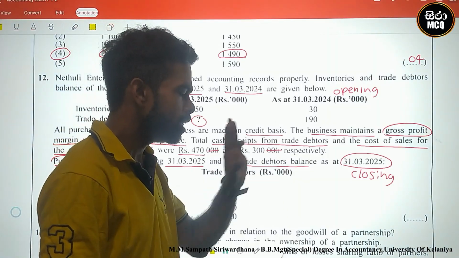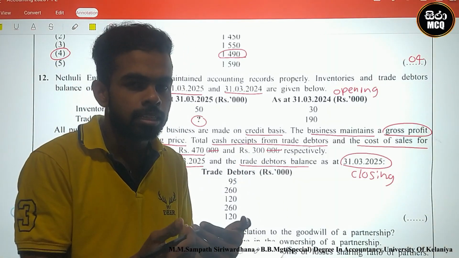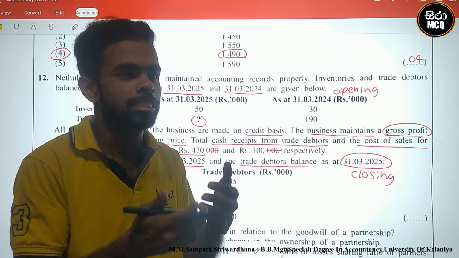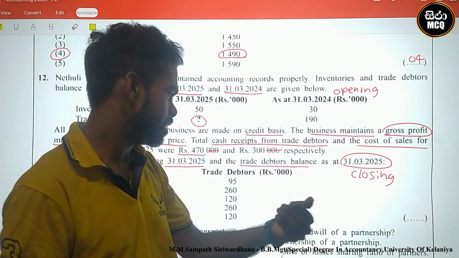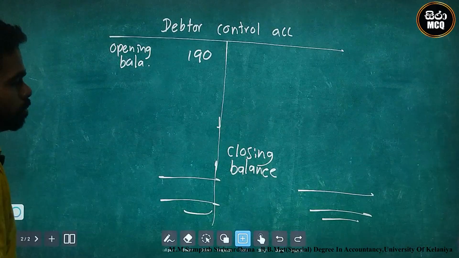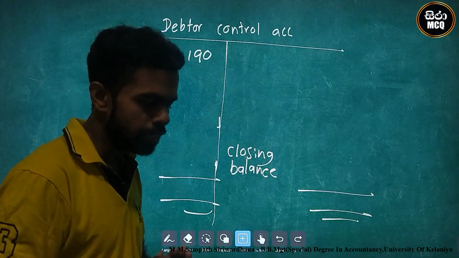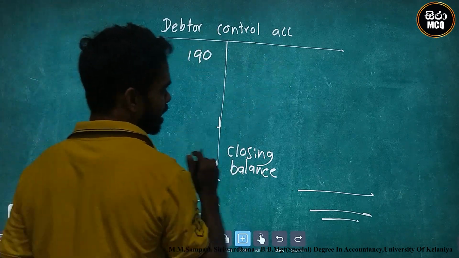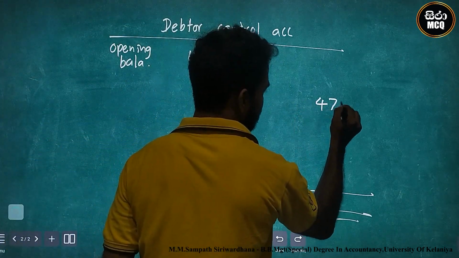Cash control debit, trade debtors credit, 470.